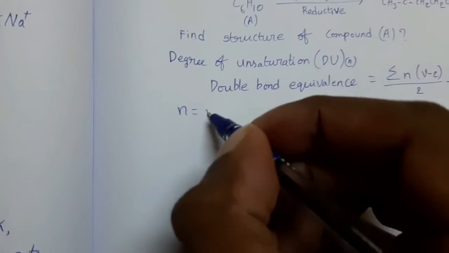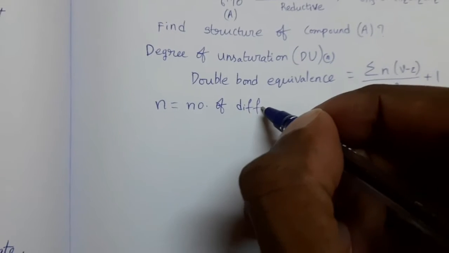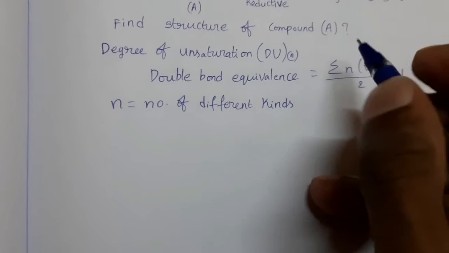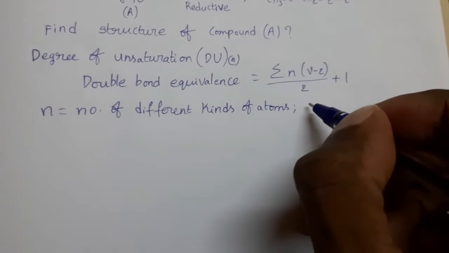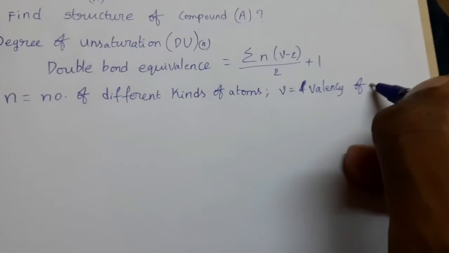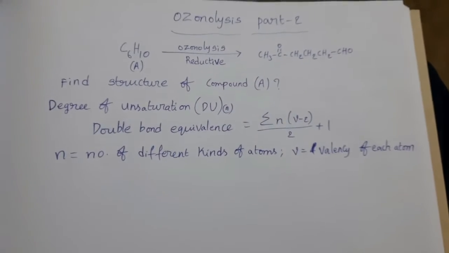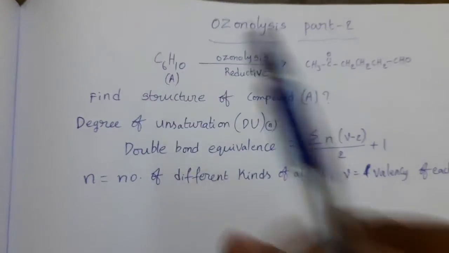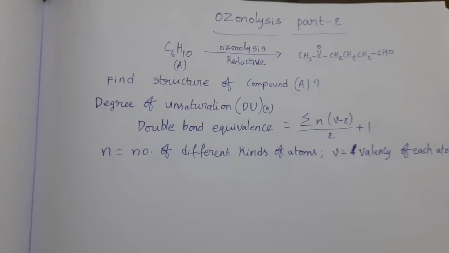Here n equals the number of different kinds of atoms, and nu equals the valency of each atom. Here different kinds means different types. In this given formula, two types of atoms are there, carbon and hydrogen. So carbon has 6 atoms, hydrogen has 10 atoms.